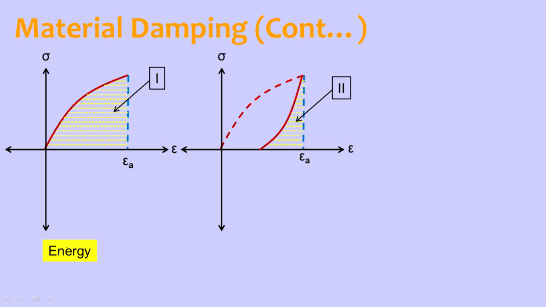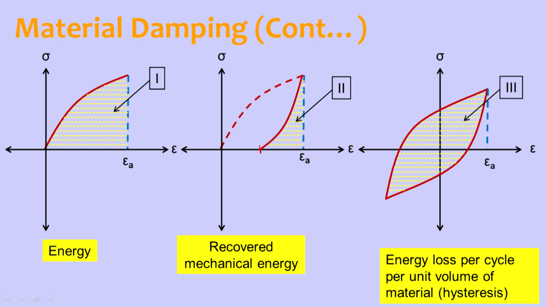Now if you release the load, it comes back, and then there is some permanent deformation. If you calculate the energy along the line which is coming back, this is the energy which is recovered, that is the mechanical energy recovered. And the third one is when you are applying to-and-fro motion, or cyclic load application.